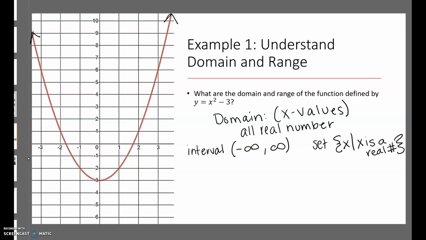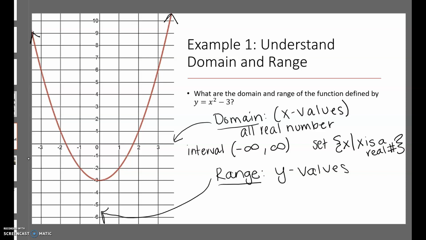Okay, and then range, we're looking at the y values. So again, domain, we were looking at the x values. The range, we're going to be looking at the y values.